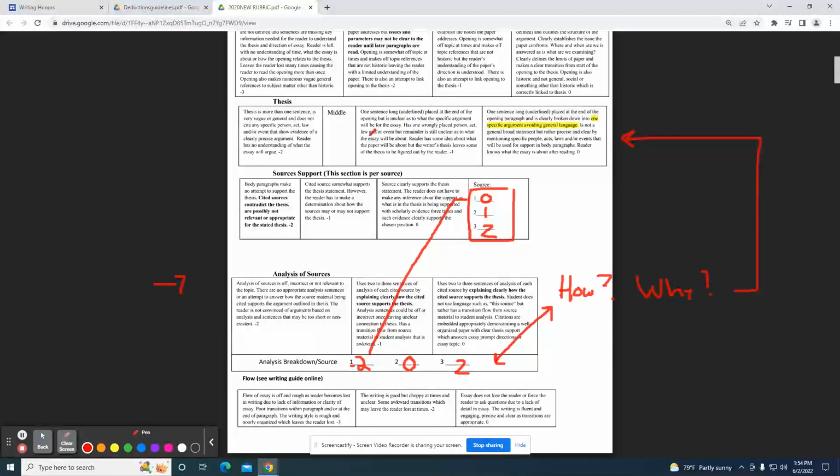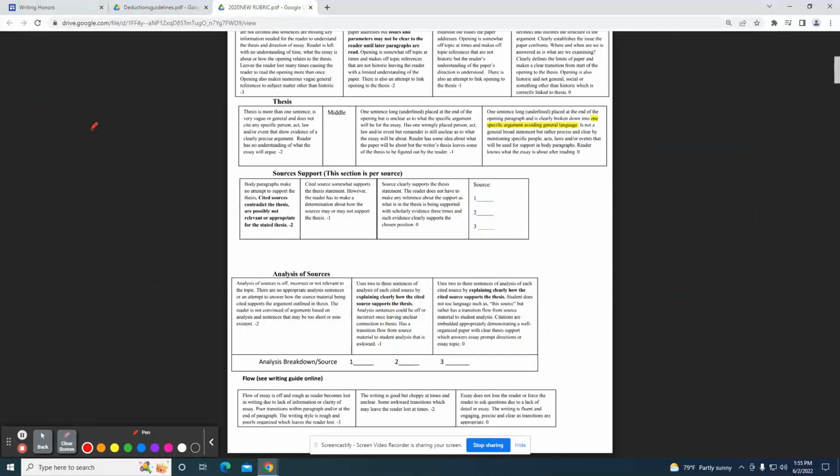For the thesis, I want to see one sentence that clearly outlines the argument. I want you to be specific. I want you to try to lock yourself in the box. Avoid things like throughout history or many people. You want to be clear with your thesis.